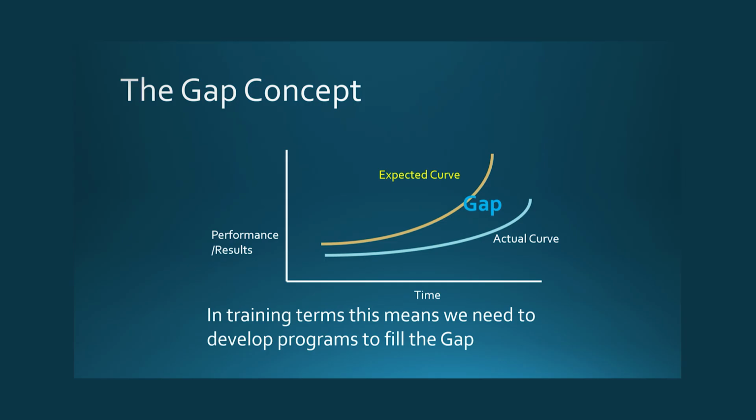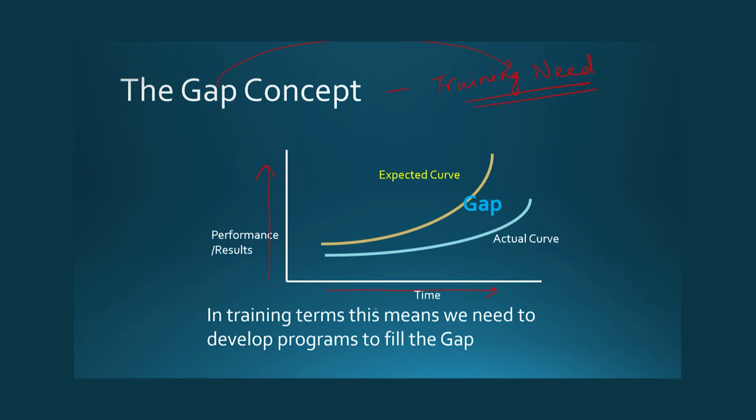Students, there is a gap concept which helps us to find out the training need in the organization. Through the gap, we identify the training need. What is the gap concept? Here you can see we have a timeline and a performance observance.